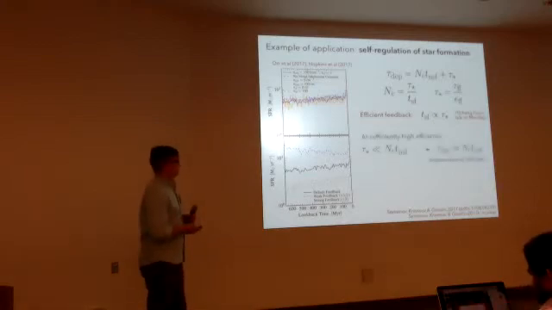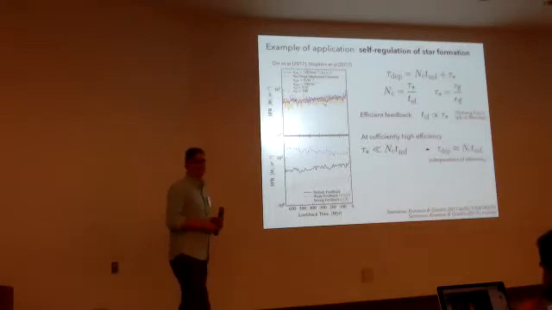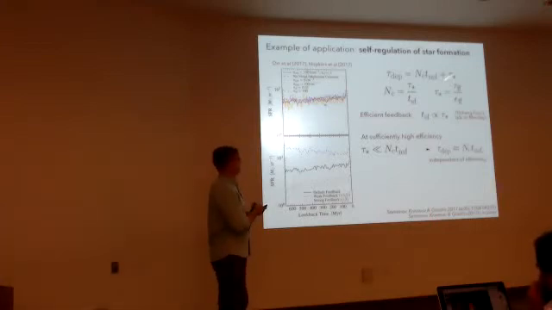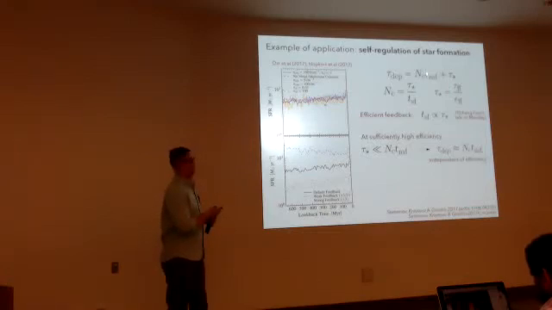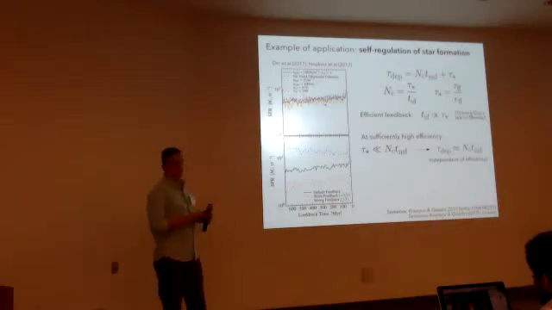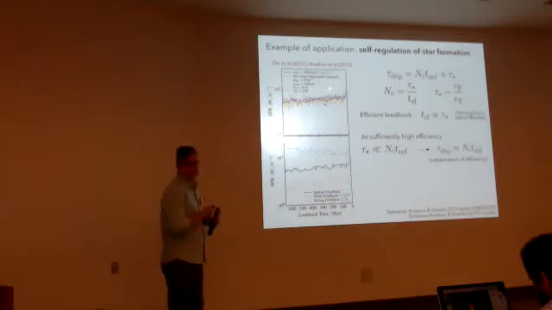Now, if we assume high enough efficiency, then the time that gas spends in the star-forming state, this tau star, becomes much smaller than the time spent in the non-star-forming state, and the depletion time becomes dominated by this first term, which does not depend on efficiency, and this is indeed seen in simulations.